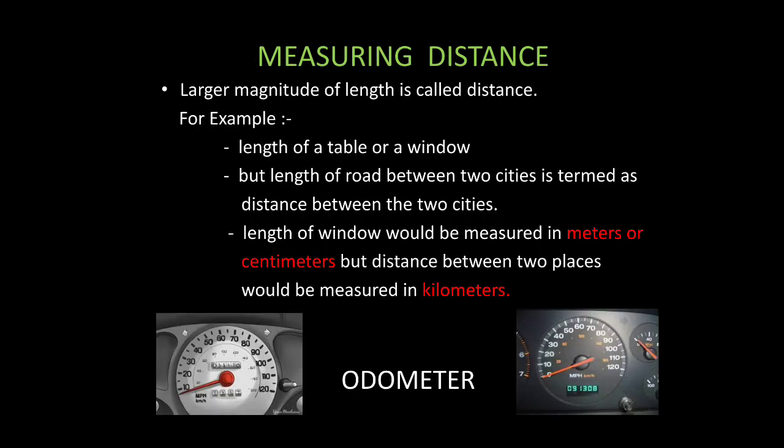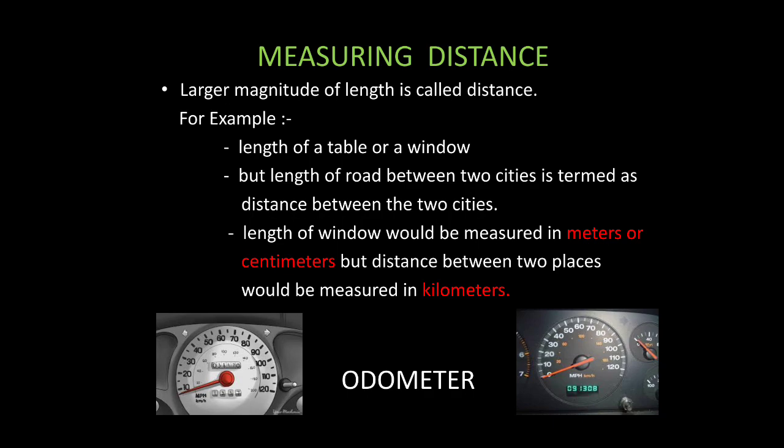Now, the last topic, that is how we measure the distance. What is distance? Larger magnitude of length is known as distance. Like the length of a table or a window is not equal to the length of the road between two cities, isn't it?